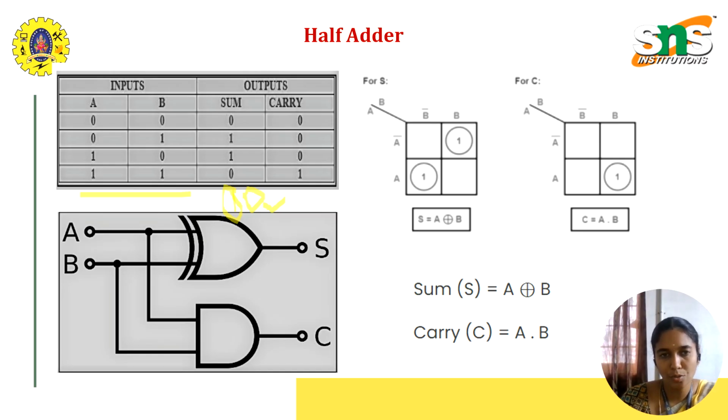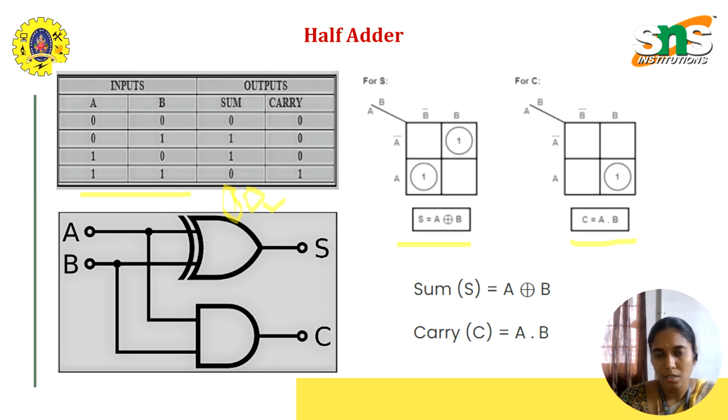Using this truth table, we can simplify the switching expression using the K-map method. For the sum we use a K-map, and for the carry we also use a K-map. Since there are only two variables, we select the four-cell combination of this pictorial representation. The sum values are 0, 1, 1, 0, in cells 0, 1, 2, 3.